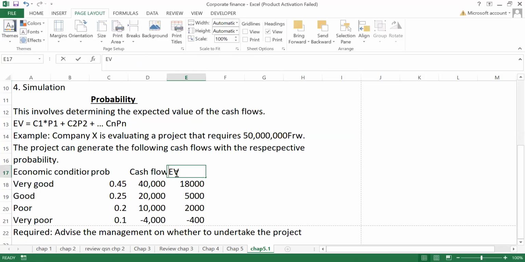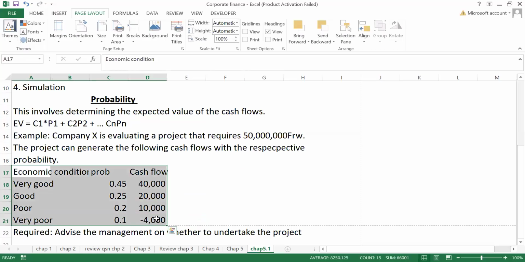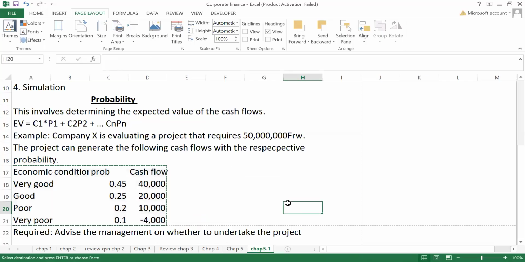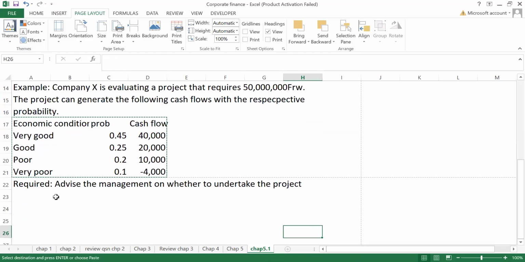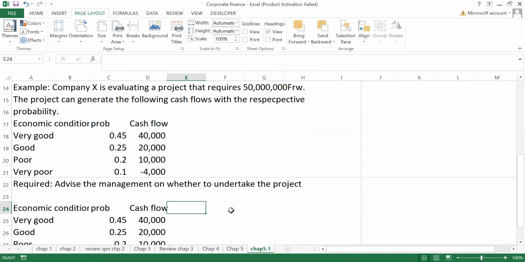Maybe I can now remove this and do them down, because this is where the question is. So if I can copy the same here, so we can have our expected value.